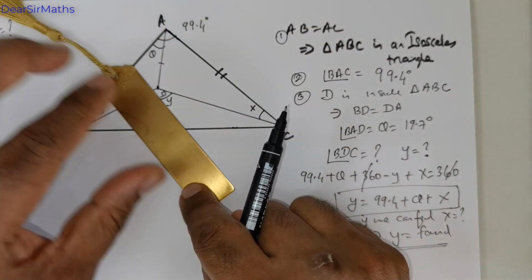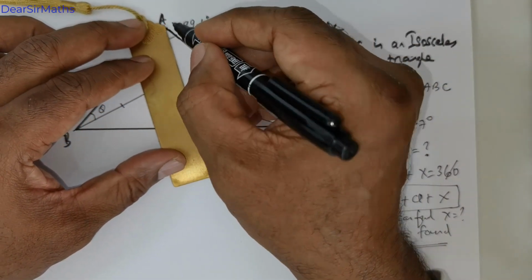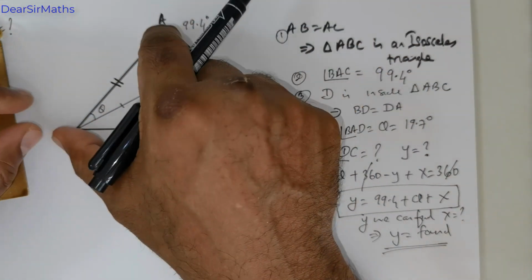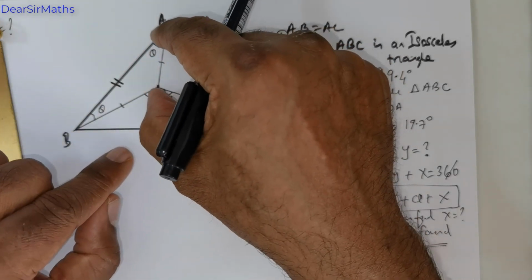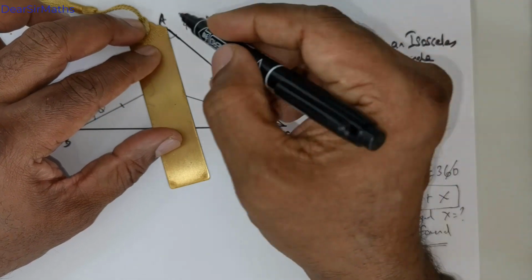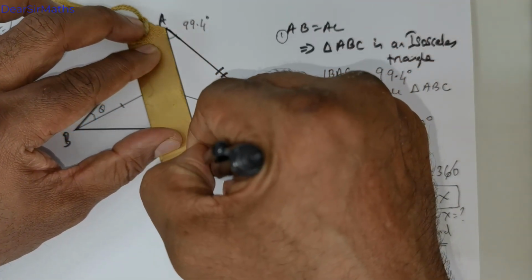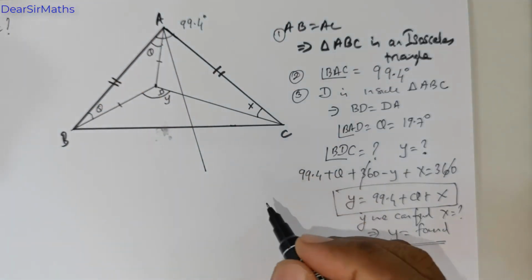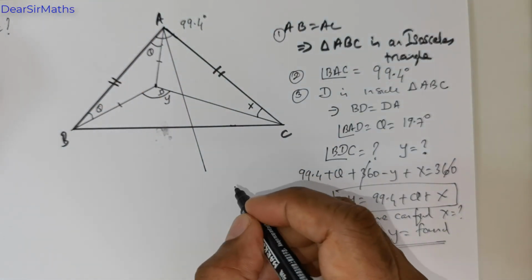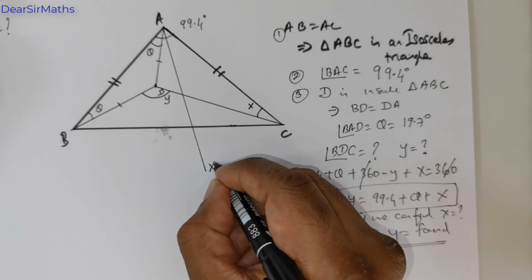So let me draw the line. So this line is reflected on this line, and we are getting a line here. So I'm going to name this line as some x.